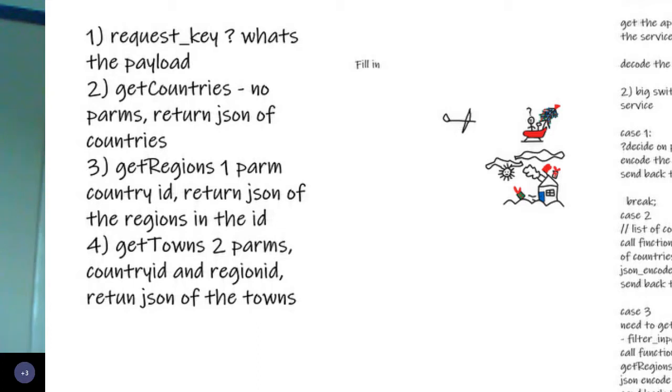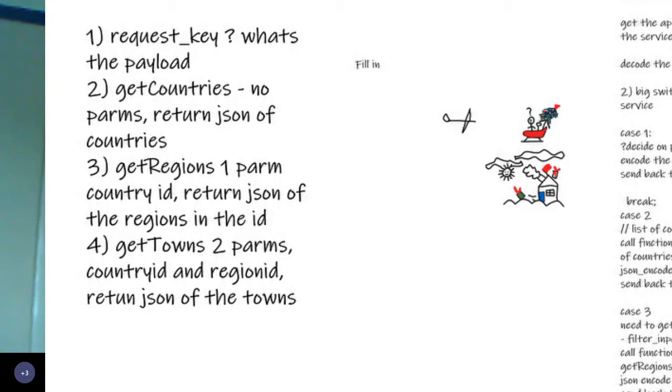If the service provides one, it's going to be a request key. Two is going to be get countries, we start with countries. You might have get counties or get regions, and we get towns.